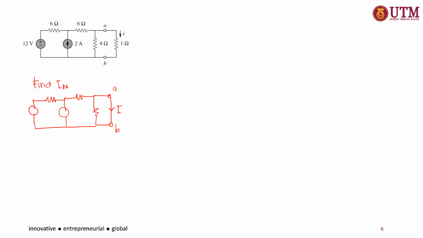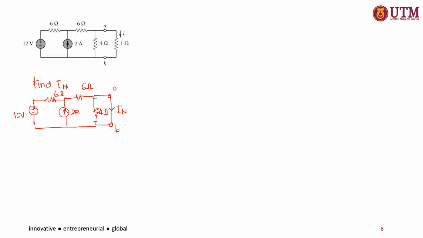So you need to find your IN at this short circuit, where this is your 6 ampere, 4 ampere. Here, if you can see, your IN at this terminal A and B is parallel with this 4 ohm resistor. So the 4 ohm resistor will be short circuited by this terminal A and B.